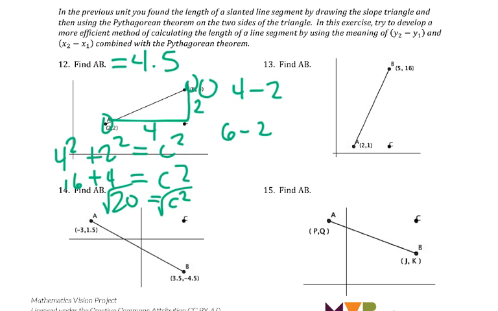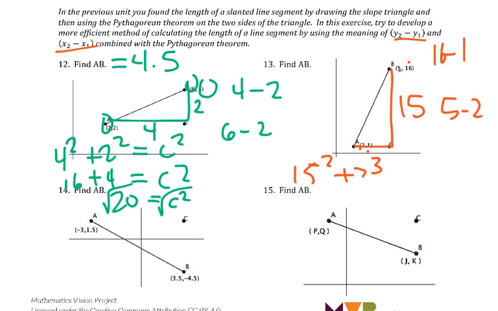Okay, so 13, same idea. 16 minus 1, so that vertical length will be 15. 5 minus 2 is 3. So we go 15 squared plus 3 squared equals what squared? 15 squared is 225, 3 squared is 9.